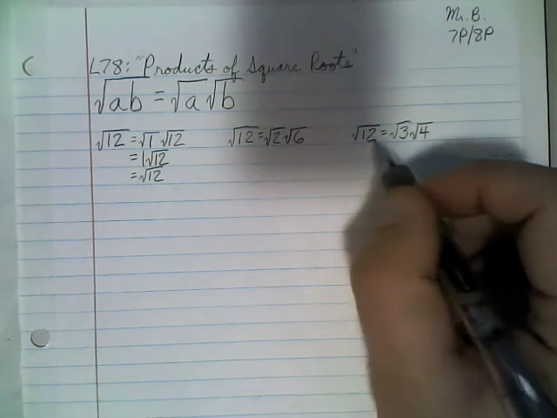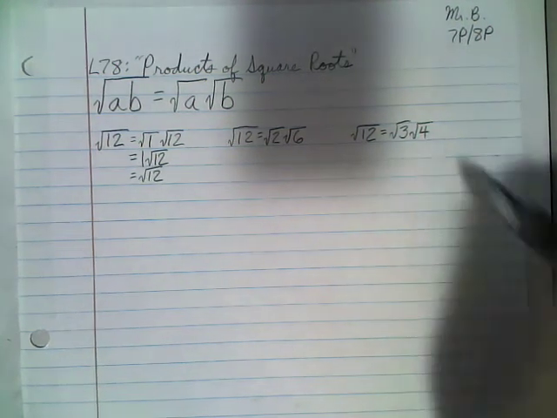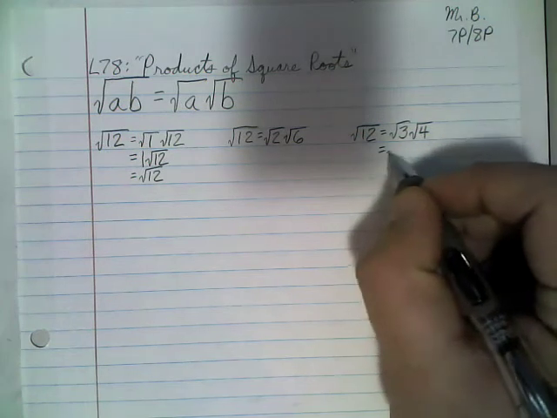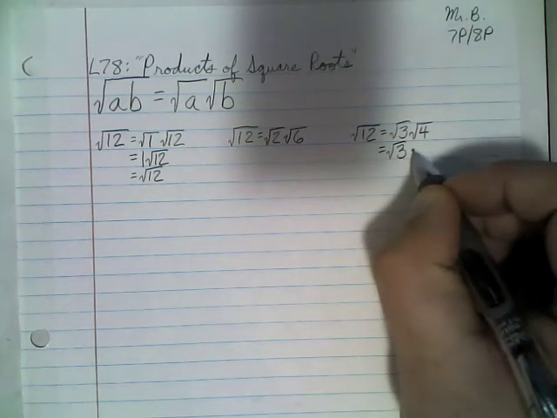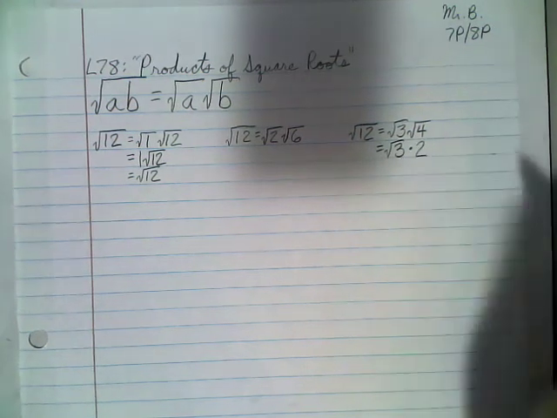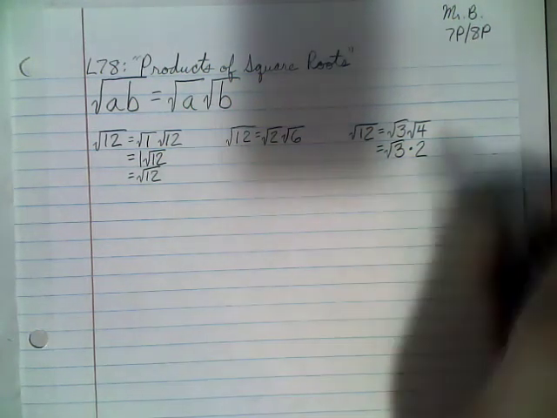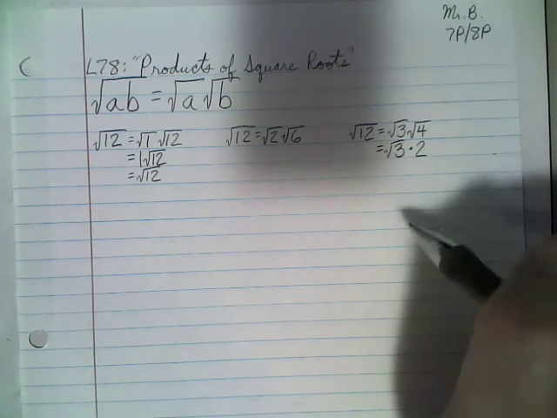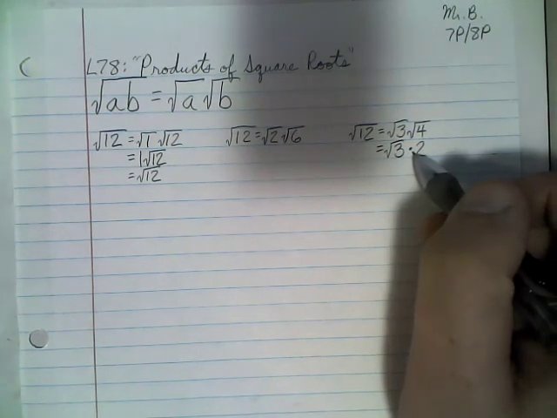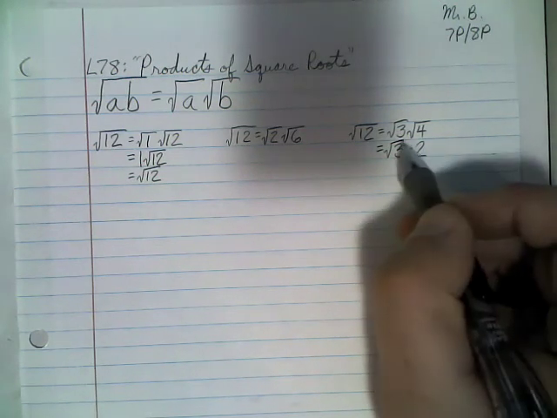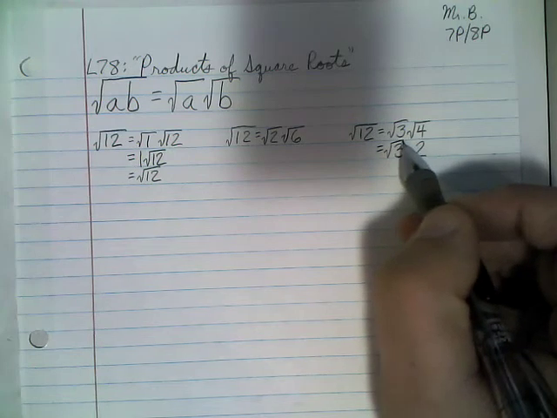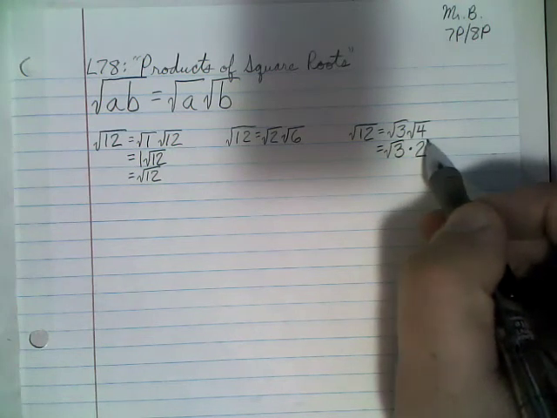Over here, the square root of 12 equals the square root of 3 times the square root of 4. Well, the square root of 4 is 2. Now notice here, ladies and gentlemen, that the multiplication has been implied, but when we have a number behind the radical, we have to write in the dot. We can no longer imply it. Also notice that I make sure that my radical bar does not go over that, otherwise they would both be inside the radical again.